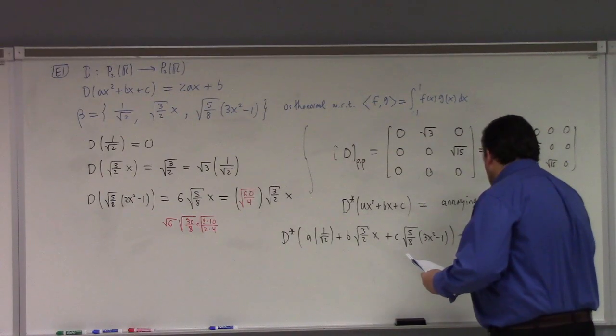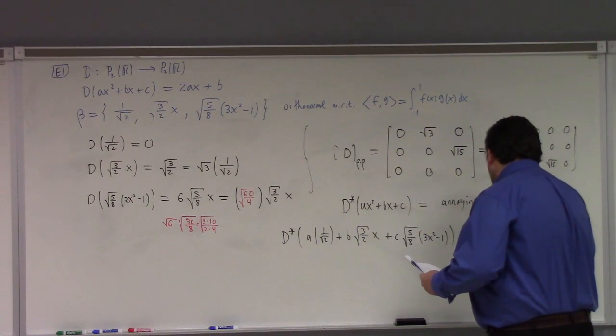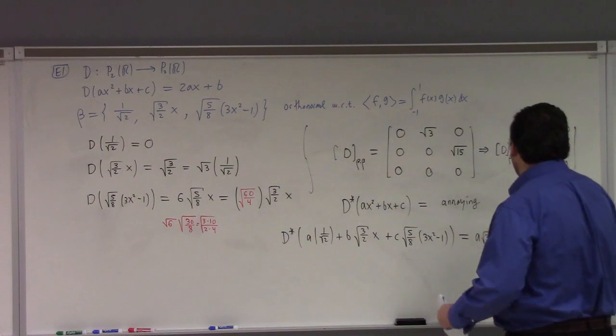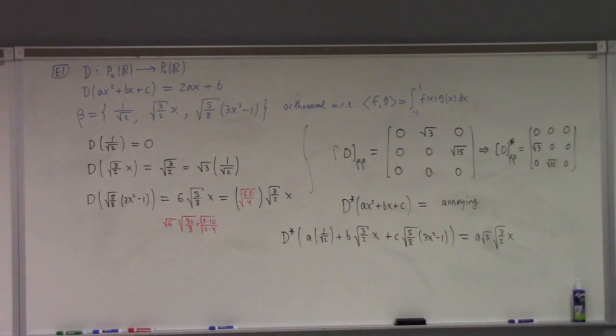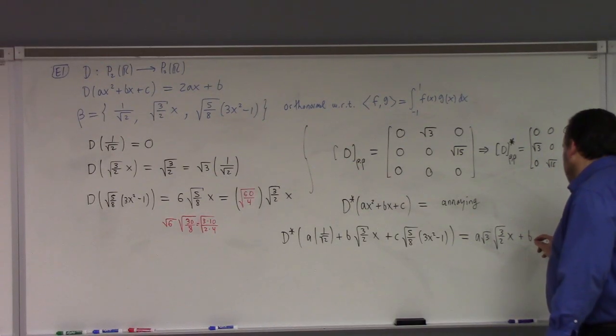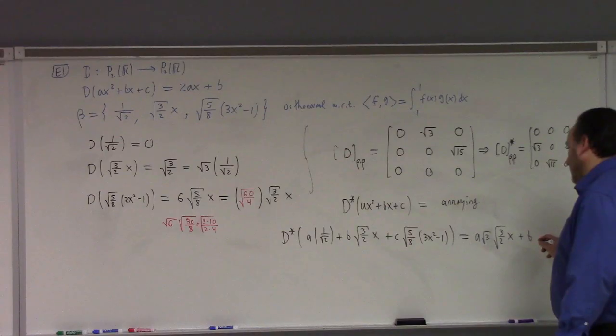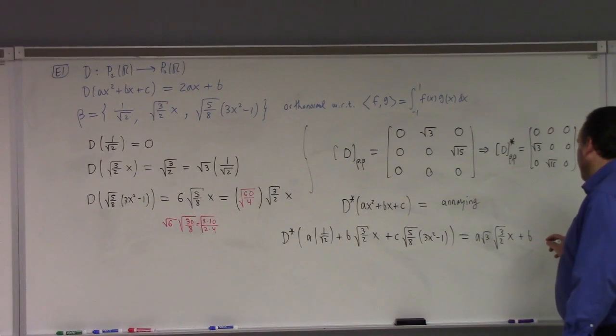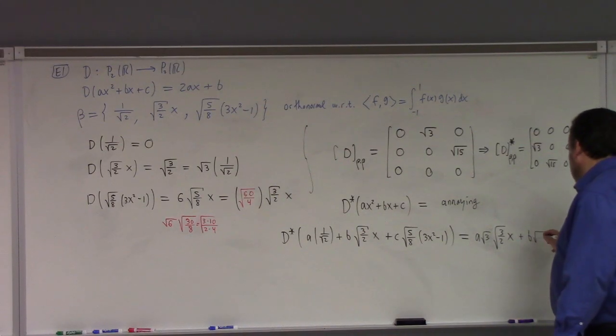A times the square root of 3 times the square root of 3 over 2 x, that's from the first column, and then plus b times the square root of 15.